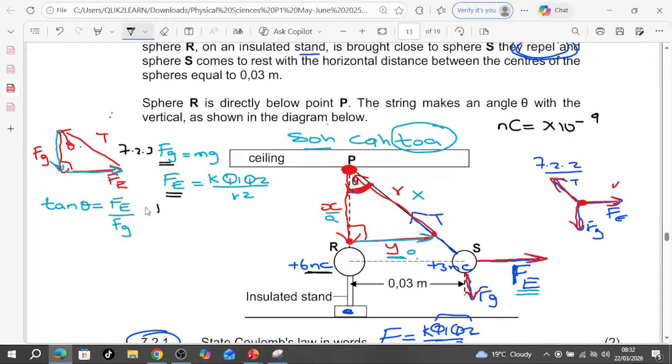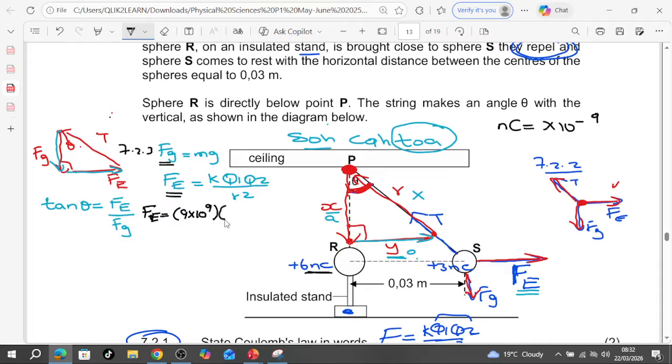Let's rewrite that equation. Okay, so we are saying that Fe equals 9 times 10 to the power 9, which is k, times 10 to the power 9.